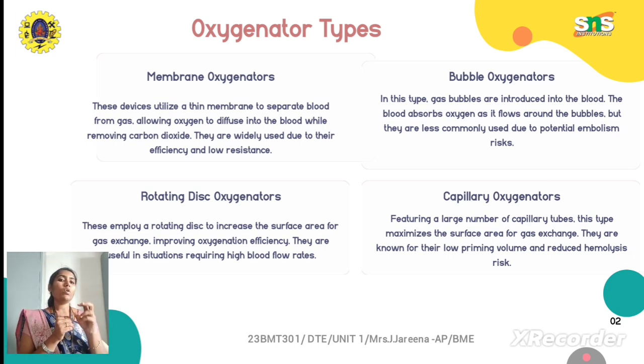This is known for low priming volume and reduced hemolysis risk. Whenever we want a very minimal amount of blood volume for the heart-lung machine process, capillary oxygenators are the better option, because they require only a very low priming volume compared to the other types of oxygenators.